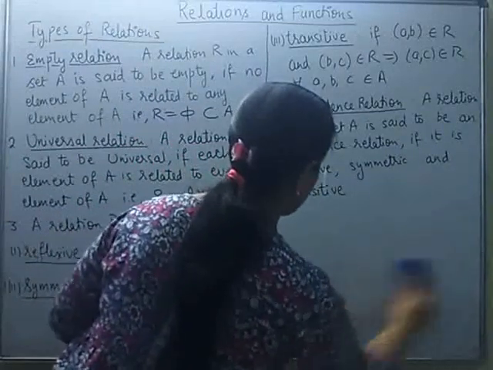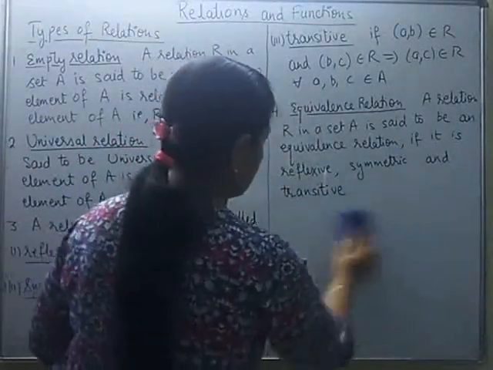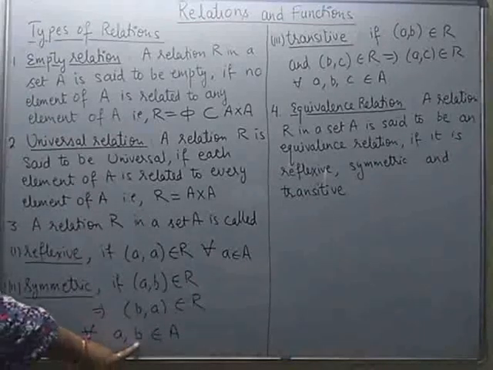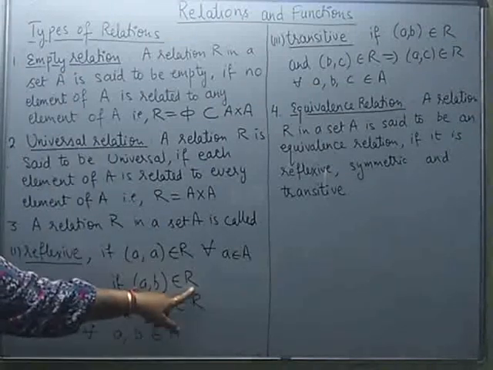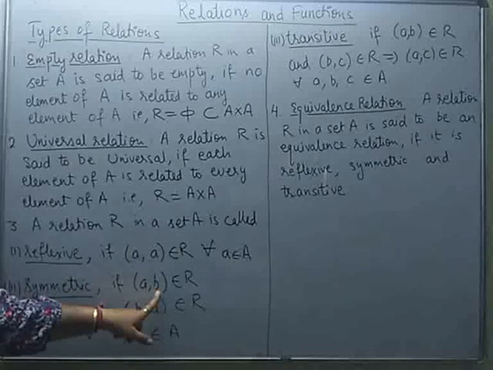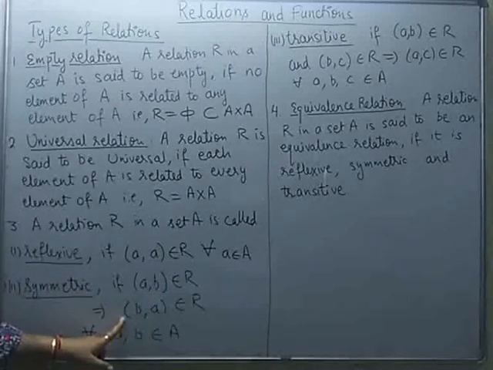Now I'll give you one example which cannot be a case of symmetric. If we say all the students of class 11th, boys as well as girls, and if I take two children, one boy and one girl, who are satisfying the relation "is sister of". So A is a girl, B is a boy, and the relation is "sister of". So we can say A is sister of B, but otherwise it won't be true.